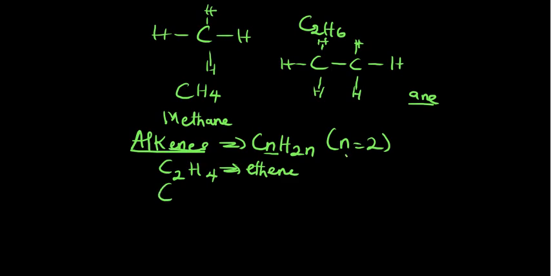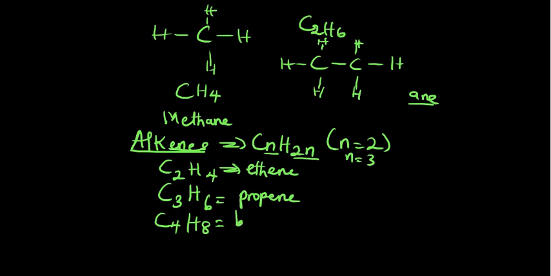Substitute 3, so you continue adding 1, just like the way we did alkane. It now becomes C3H6, which is propene. Then C4, I don't need to calculate it again because I've taught you how to substitute, so it will be butene. This is how we do it.